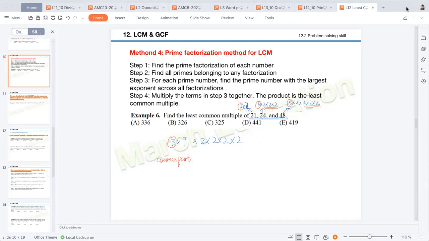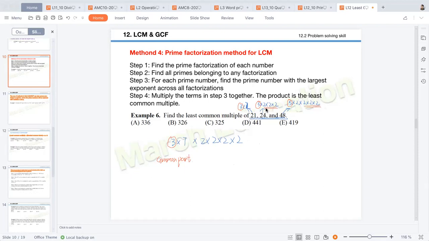Okay. Emily got the right answer, but the other students need to try again. So here, I use the prime factorization method to separate them.